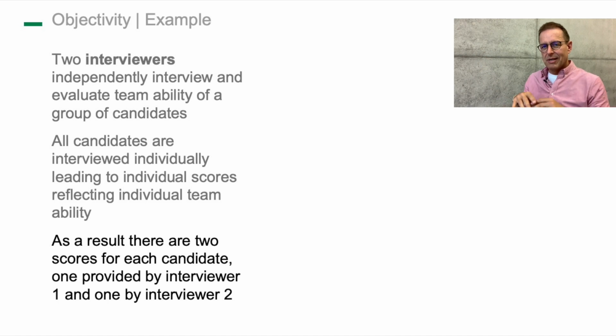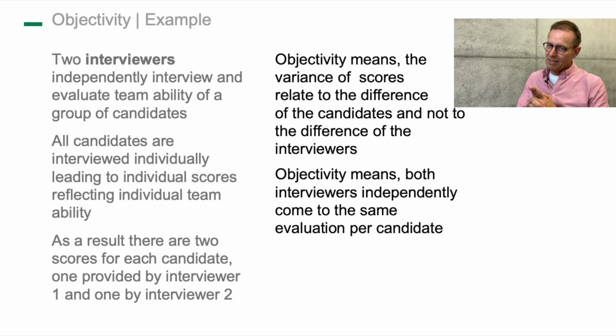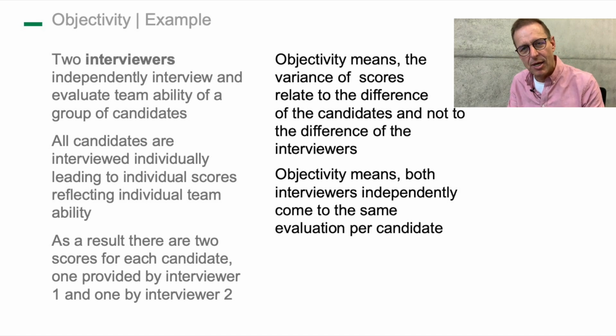So, based on a certain method, right? If this method is really objective, then we would assume that both HR professionals independently come to the same result for each candidate.